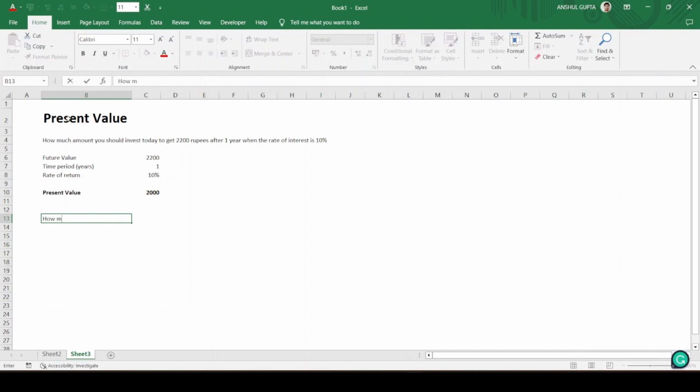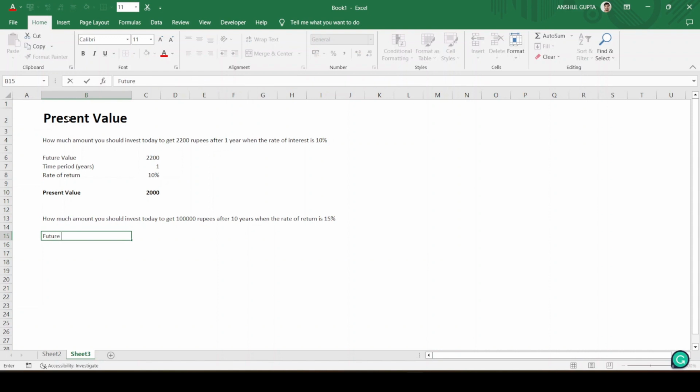How much amount you should invest today to get, let's take 1 lakh rupees after 10 years when the rate of return is, let's take 15% this time.